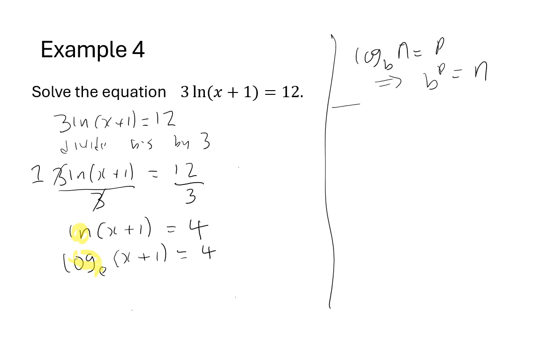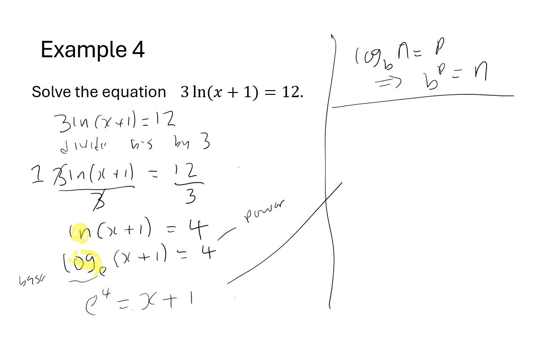So in this case, this is our base, this is our p, this is our power. So we can just say e raised to the power of 4 is equal to x plus 1. Let me write it down here again: e to the power 4 equals x plus 1.